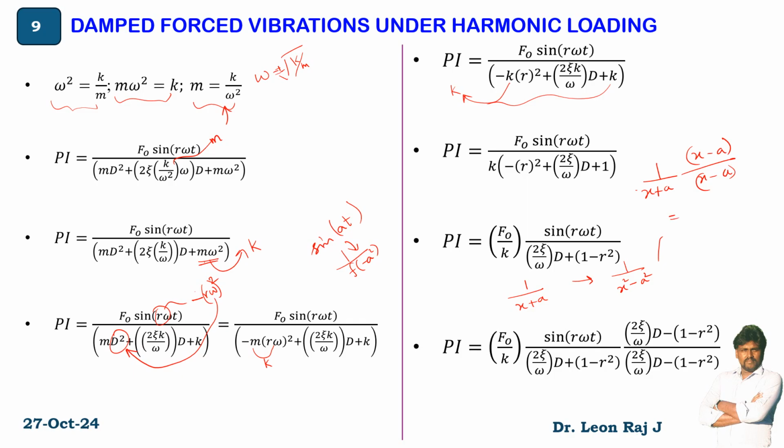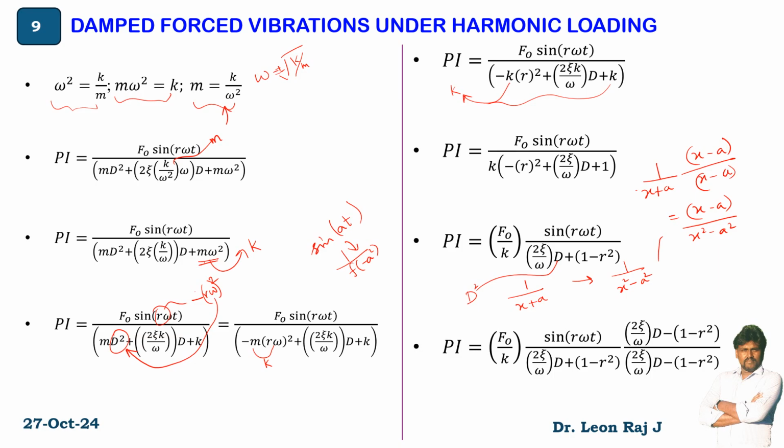So now your term will be x minus a divided by x square minus a square. So you want to convert this term 1 by x plus a into 1 by x square minus a square. So a similar term. So this d should be converted into a d square term. So that is why we have taken this step.